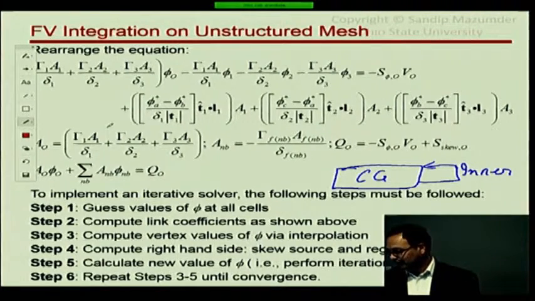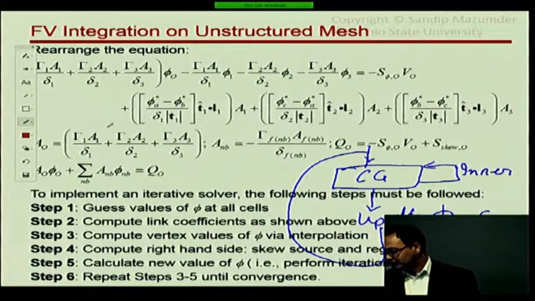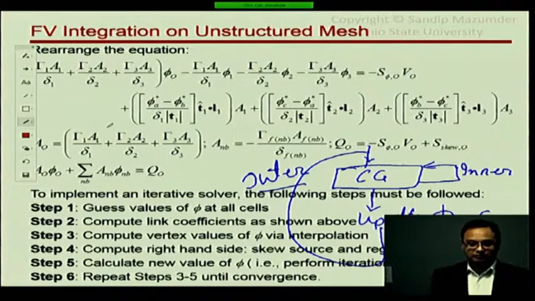And then once you do your CG, you update phi vertex and skew sources, and then this goes back and solves it again. So there is an outer iteration loop which is going on at the same time.